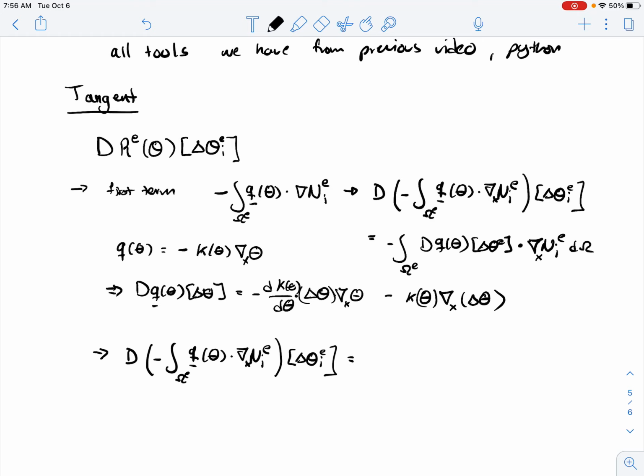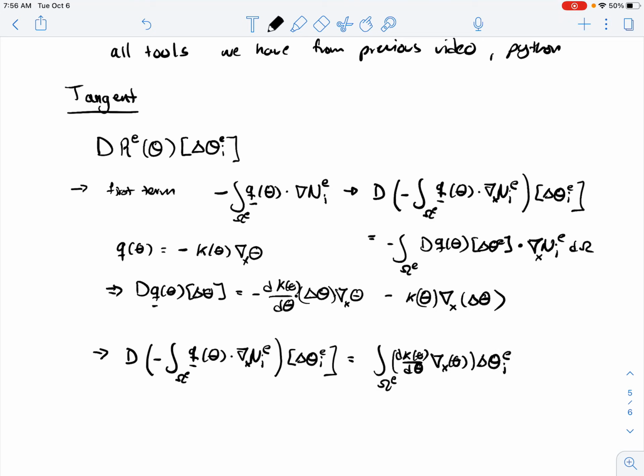So what is this? This is the integral over omega e of the linearization of this term, which we ended up saying is dK of theta with respect to theta, gradient of x of theta, all of that times the increment.